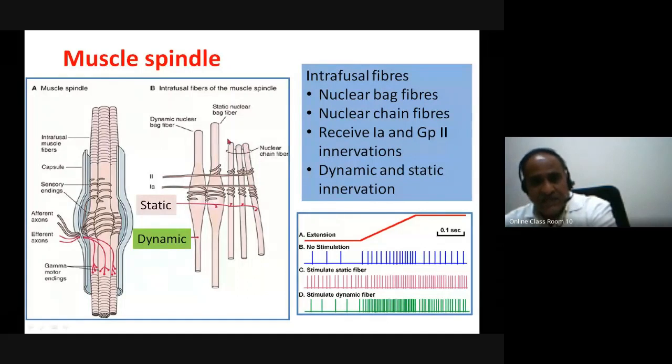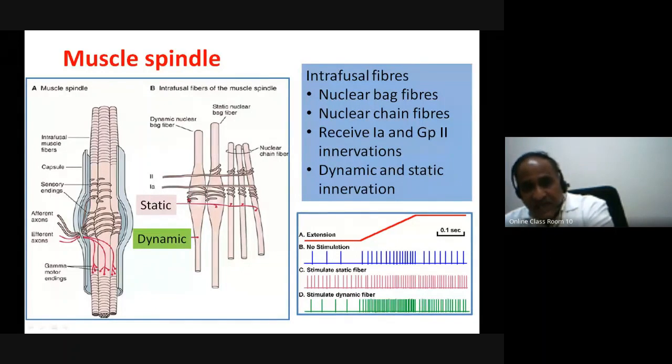To understand dynamic and static: when you extend or stretch the muscle, the dynamic fibers discharge and increase their activity.